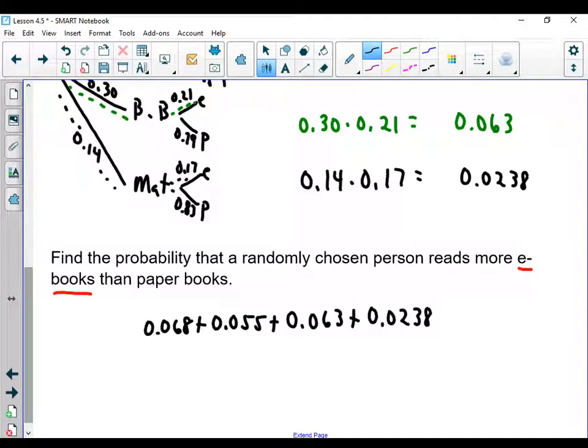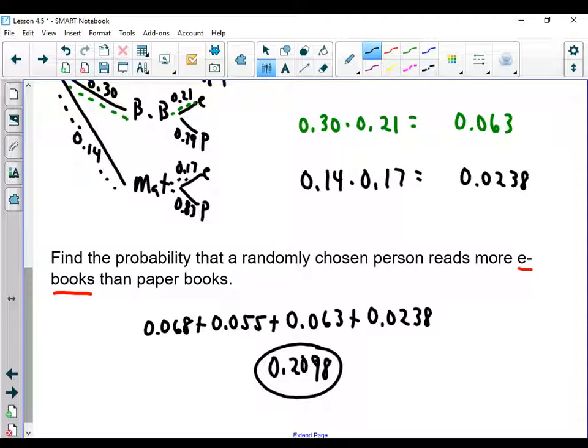And so when I add all those together, I end up with 0.2098. So the probability that I chose someone randomly and they read more ebooks than they did paperback books would be roughly 20.98%.